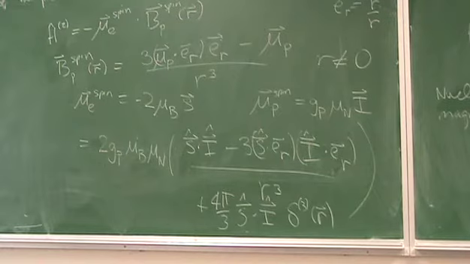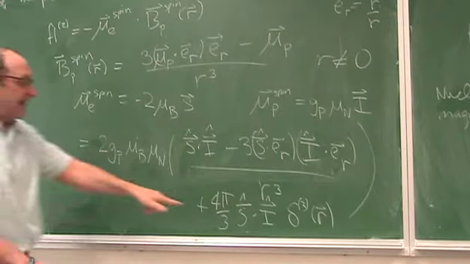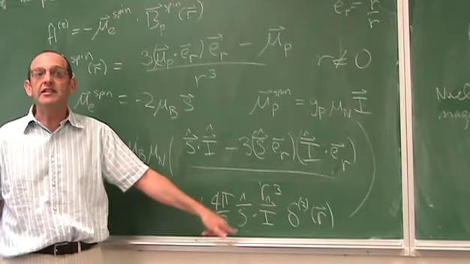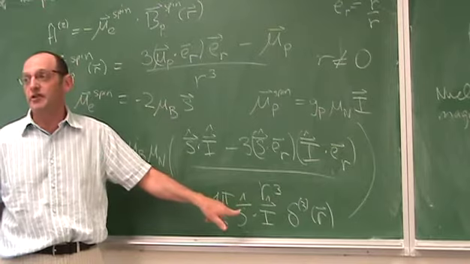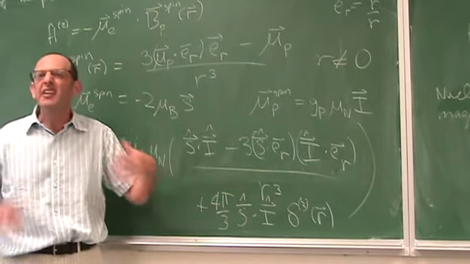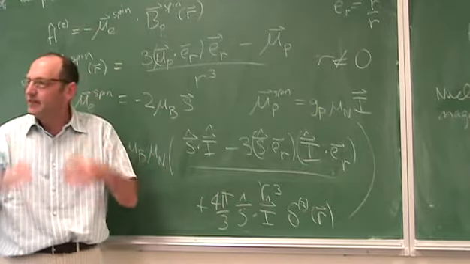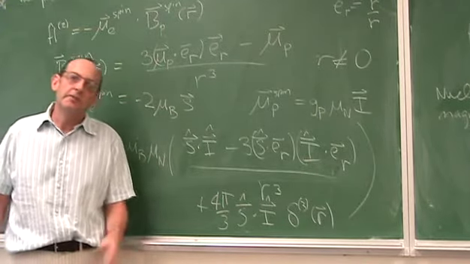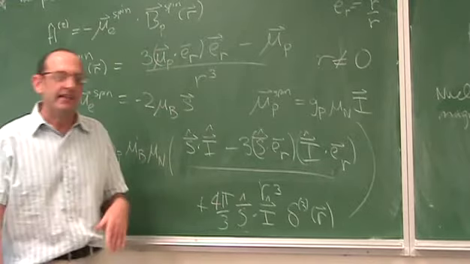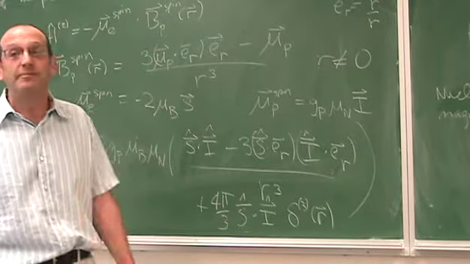So the Darwin terms cause an overall shift of the ground state. But as we'll see, this has a much more important effect, in changing the degeneracy and structure, and giving hyperfine structure to the ground state. The Darwin term is just some tiny shift. It's actually bigger than this, but it doesn't affect the structure.